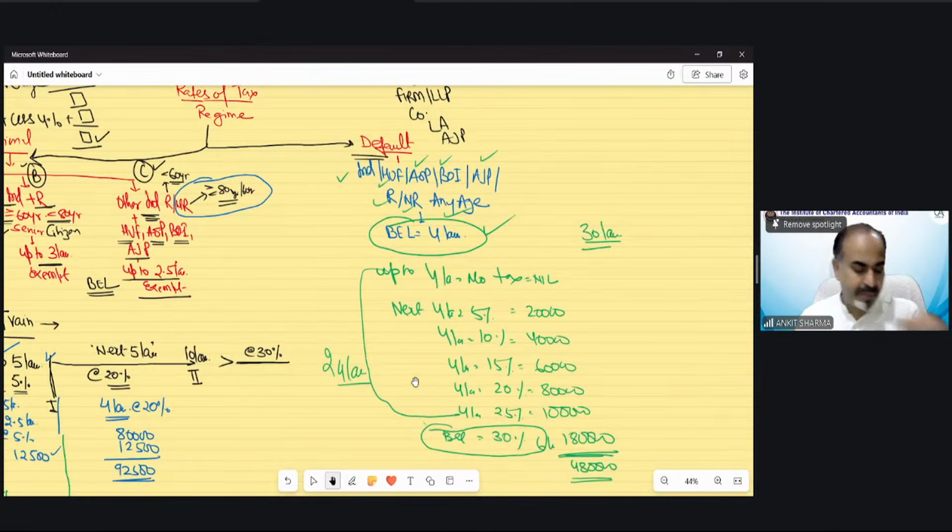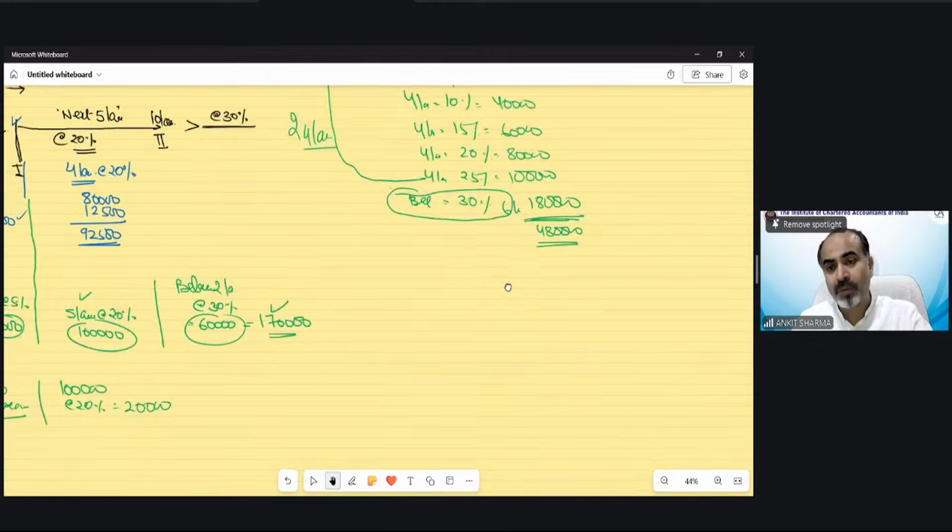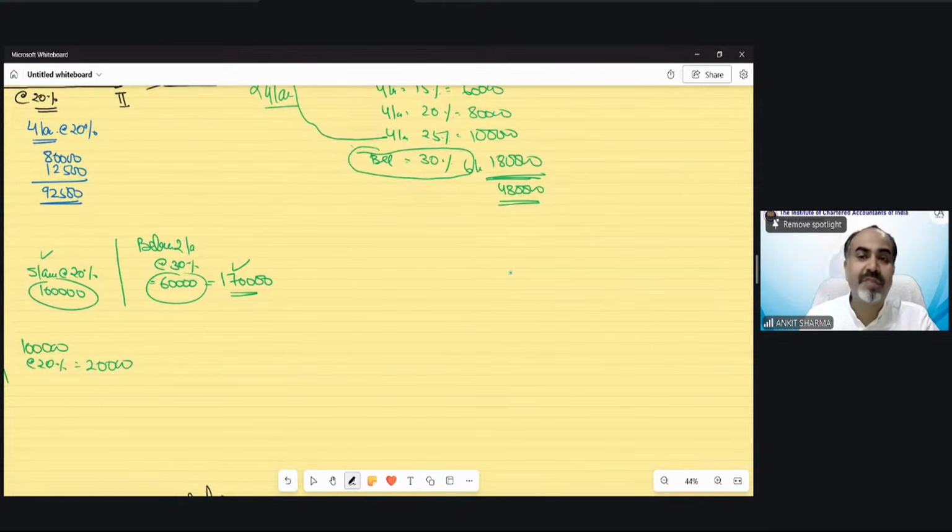Now, under the default tax regime, there is a very interesting concept of rebate. In case of the optional tax regime, the rebate concept was very easy. It says, if your total income is up to 5 lakh rupees, you could have the rebate of 12,500 rupees or the amount of tax, whichever is lower.